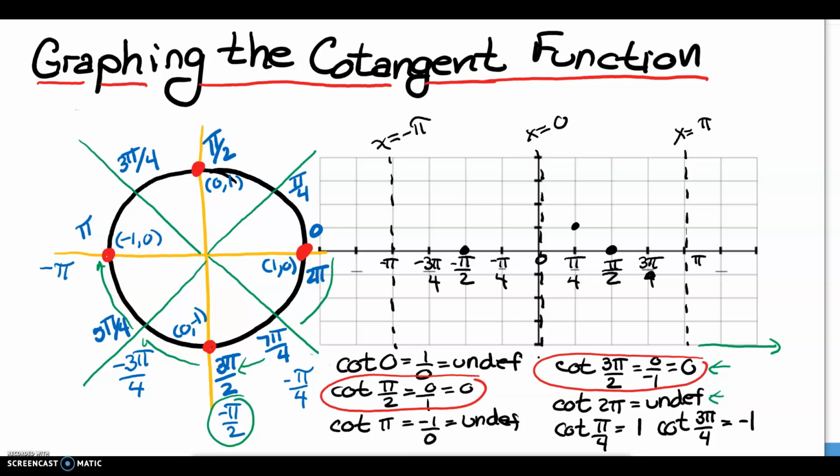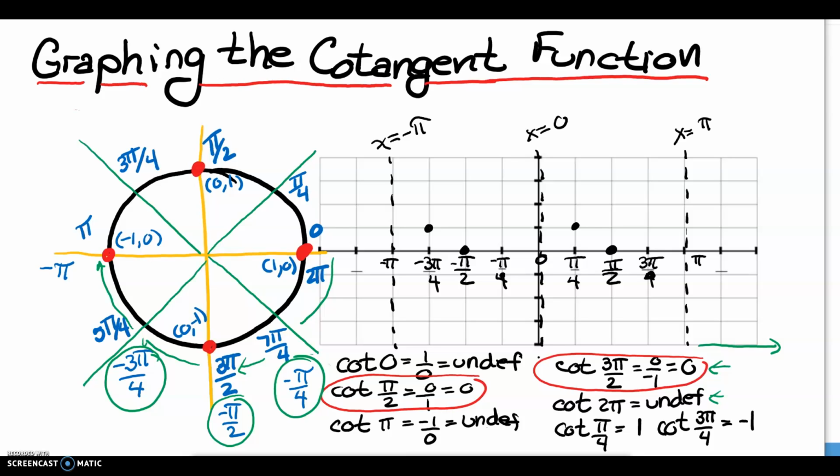So what is cotangent at negative 3 pi over 4? Well, negative 3 pi over 4, we're here at pi over 4. So that has a positive value, and it's positive 1. And at negative pi over 4, we're sitting right here. Okay, so that's in quadrant 4. It's going to have a negative value of negative 1.